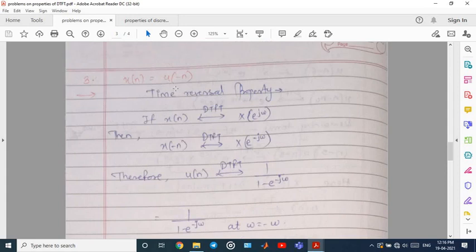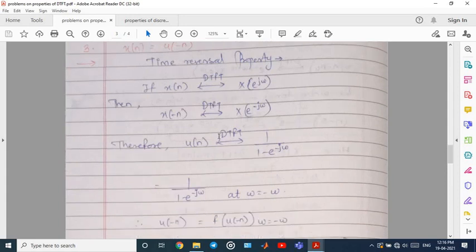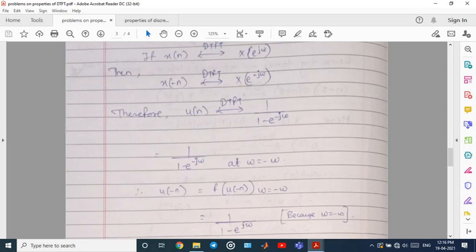So according to the problem, the DTFT of u of n is nothing but 1 upon 1 minus e to the power minus j omega. This is standard. Then we just need to put omega equals minus omega. Write down this equation as it is and put omega equal to minus omega.